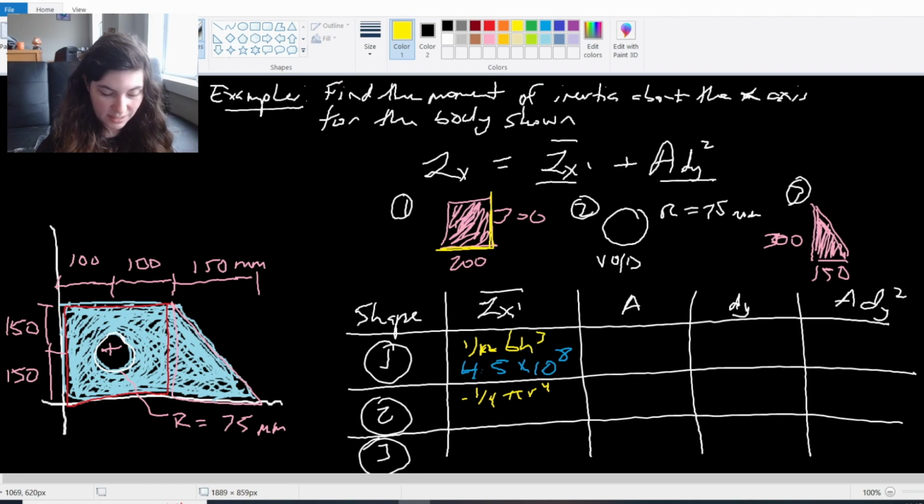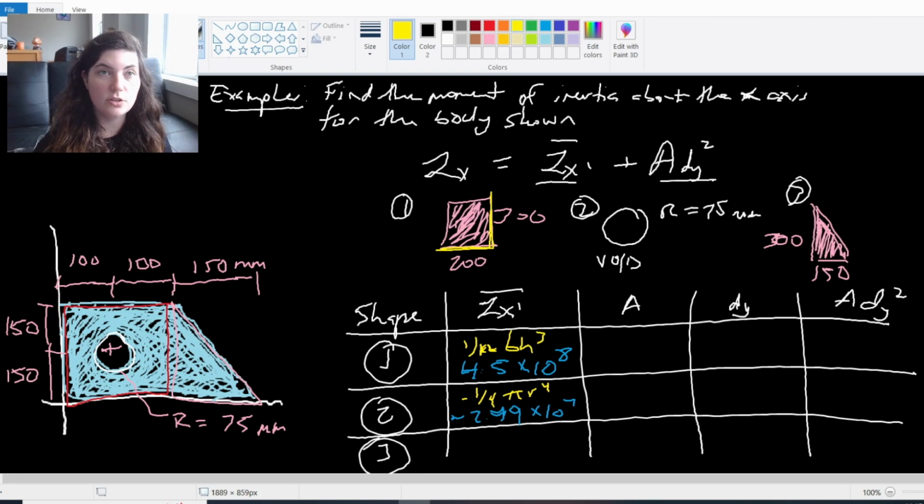I'll plug in 75, because it gave me an r of 75. So 1/4 pi times 75 to the 4th. Punch that into my calculator, and I get negative 2.49 times 10 to the 7th.